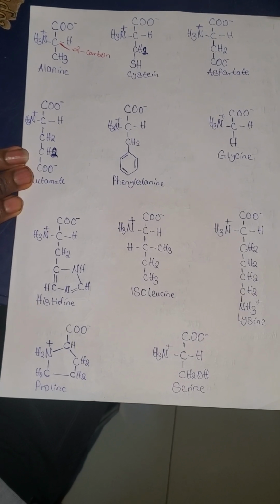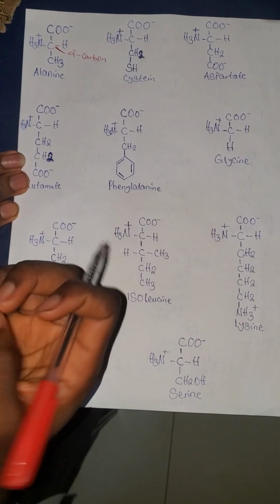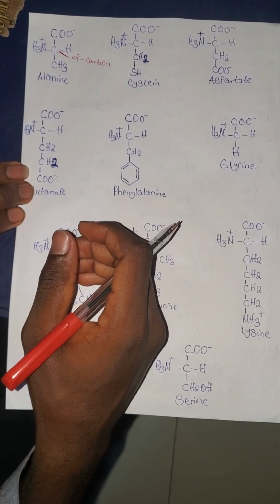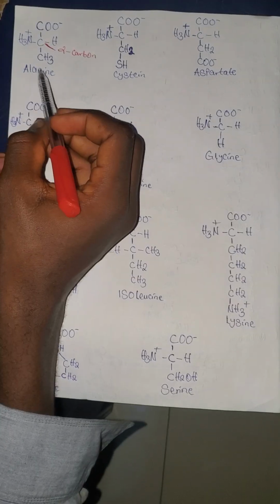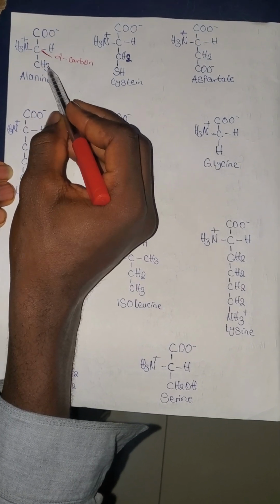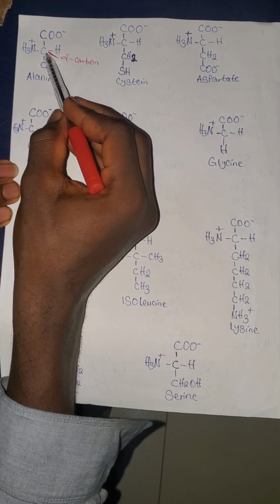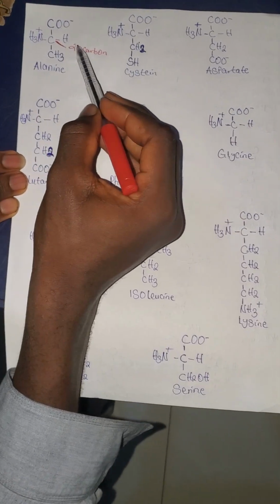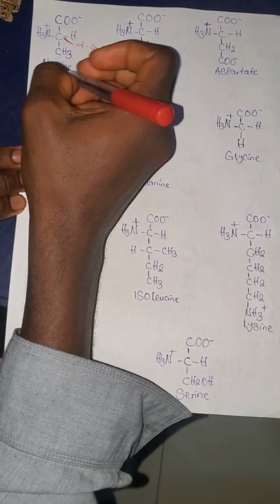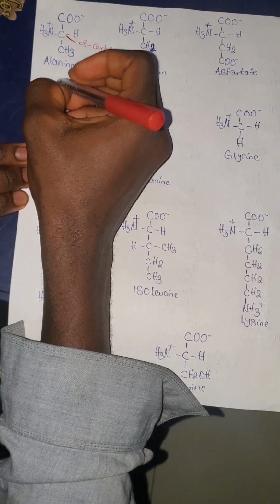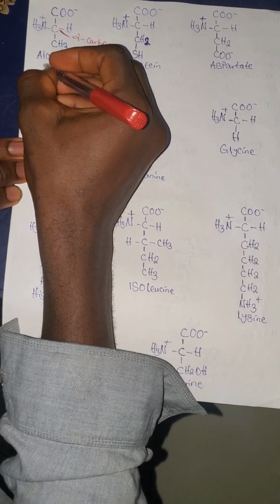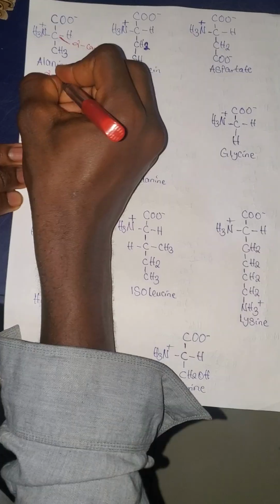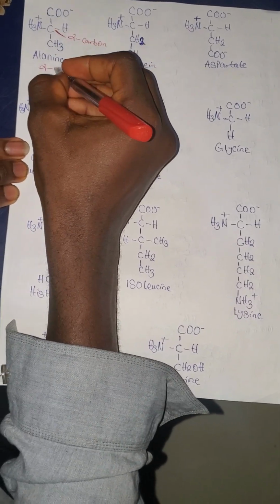I'll write it in the form of a molecular name that will help you to easily recall the structures. All right, so we have alanine. We have the CH3 attached to the central carbon atom, that is the alpha carbon here. So we can abbreviate the structure of alanine to be alpha methyl.